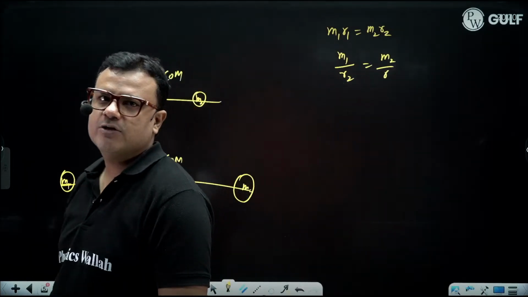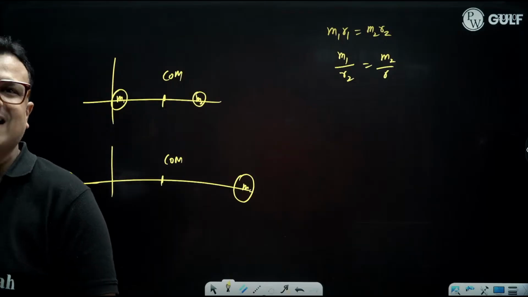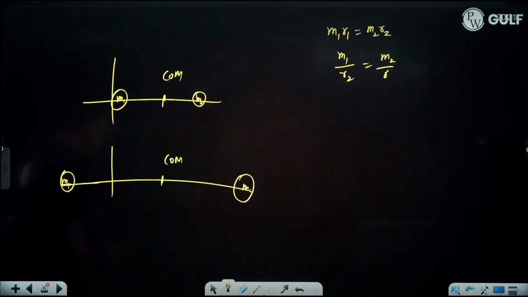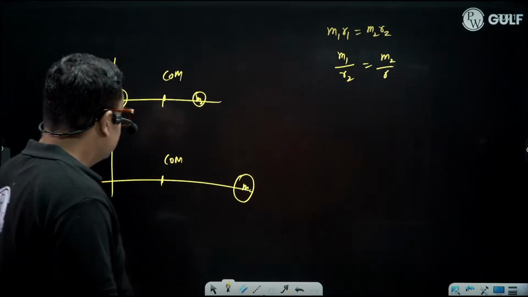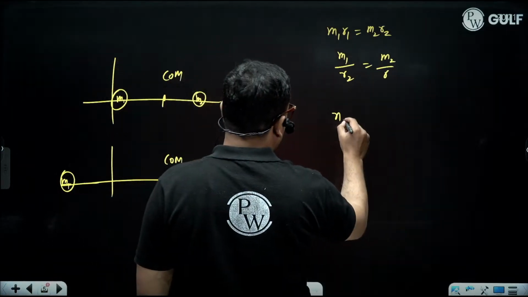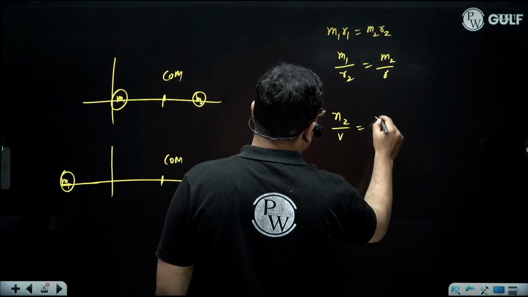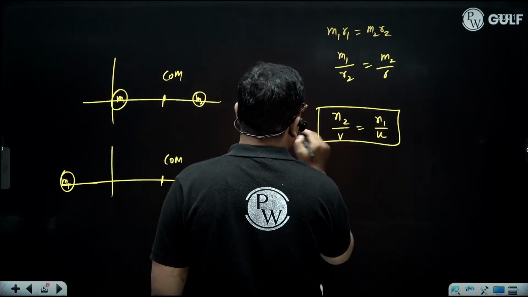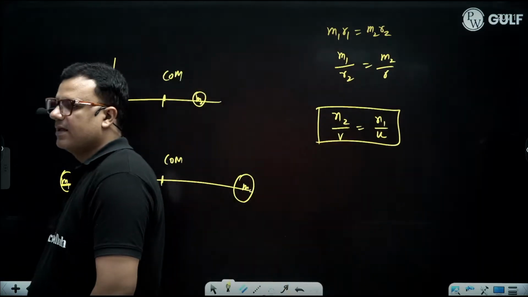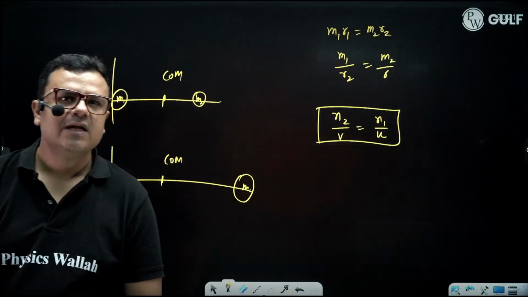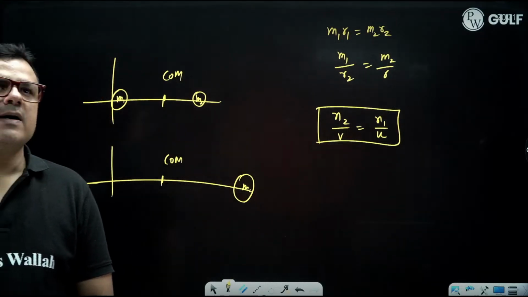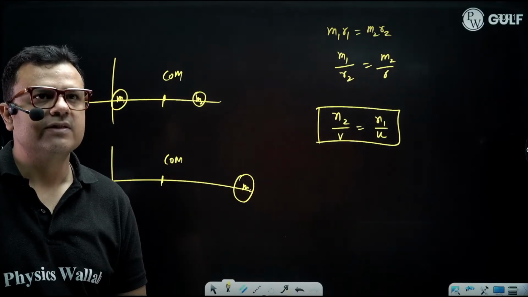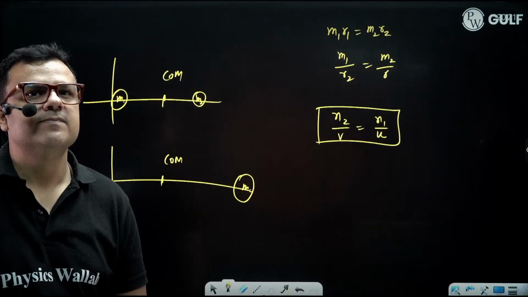Because the position of the image is not changing, the center is not changing, we can say N2 upon V should be equal to N1 upon U. This is the result we derived from the concept of center of mass when the center of mass is not changing.